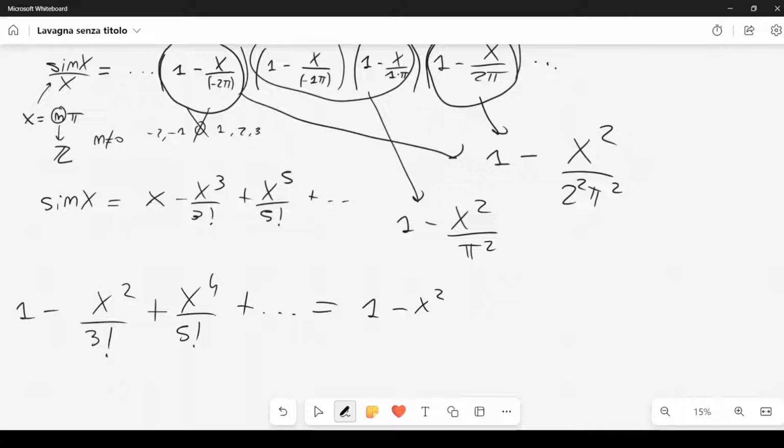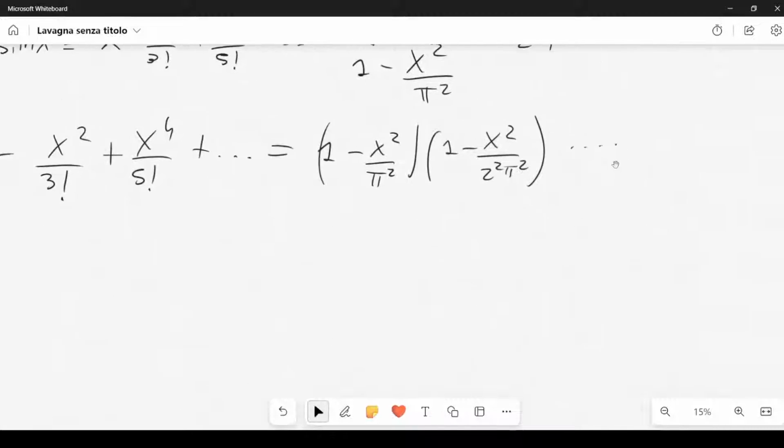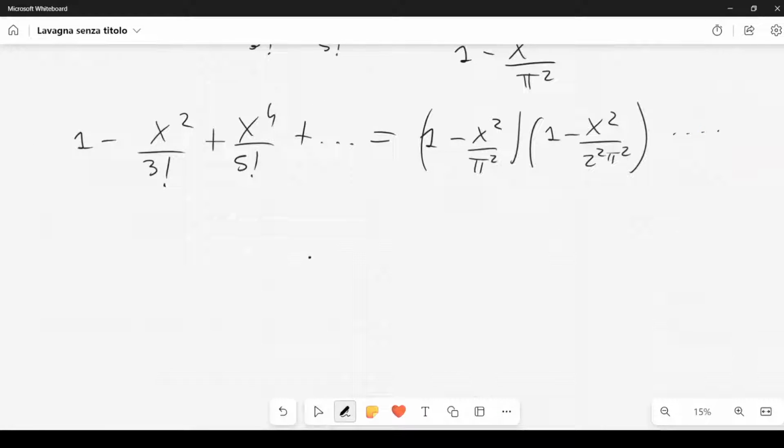1 minus x squared over pi squared, 1 minus x squared over 2 squared pi squared, and so on. So you have 1 minus x squared divided by 3 squared pi squared, dot dot dot. Now, out of all these terms, you can think that when you multiply all the ones that are contained in this expression, you're going to get 1, which is the first order term, and that will cancel this one.